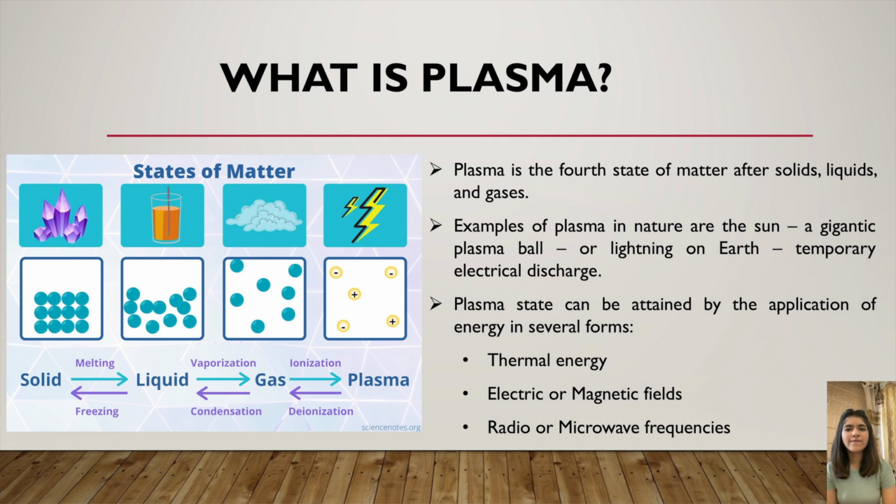An example of plasma in nature is the sun, which is a gigantic plasma ball, and lightning on Earth, a temporary electrical discharge. Plasma state can be attained by the application of energy in several forms, which can be thermal energy, electrical or magnetic fields, radio or microwave frequencies.